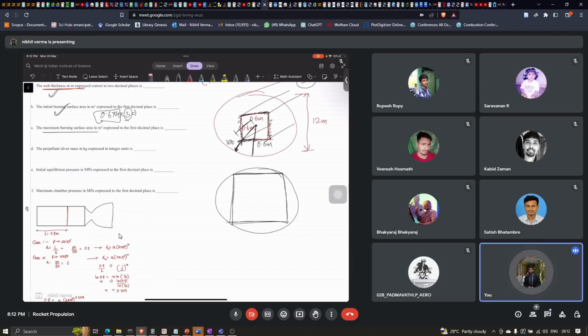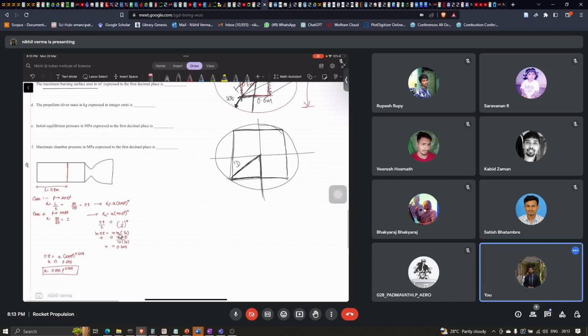Okay, so how will you calculate this? This is just Pythagoras again, again geometry. This is the diameter.